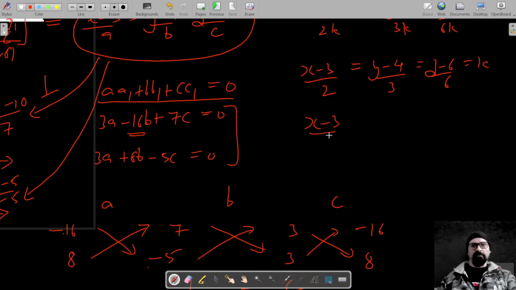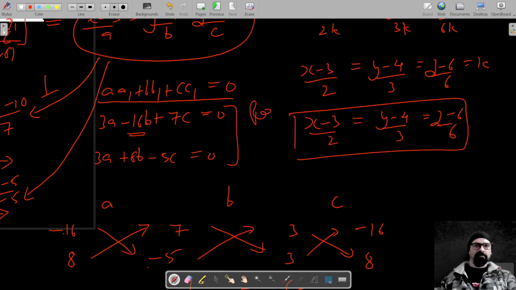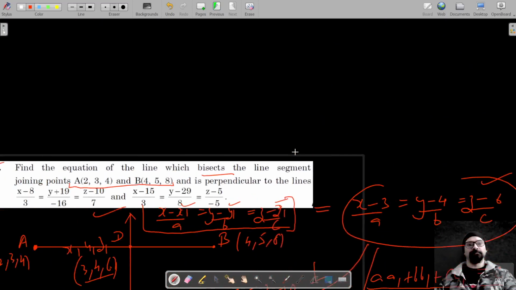And finally, this equation becomes (x - 3)/2 = (y - 4)/3 = (z - 6)/6. This is the required equation of the line.